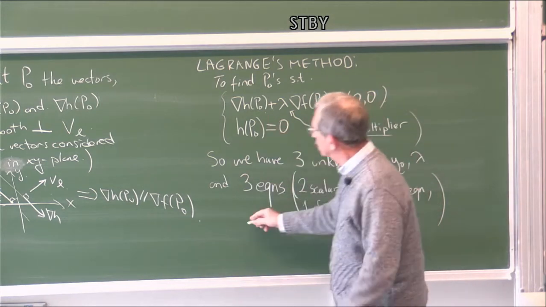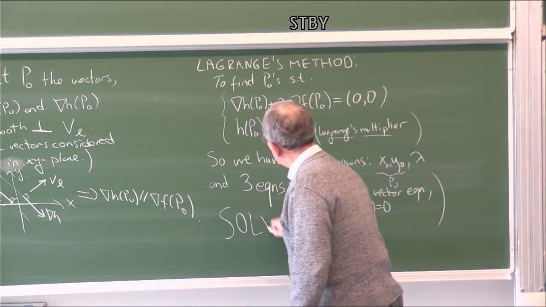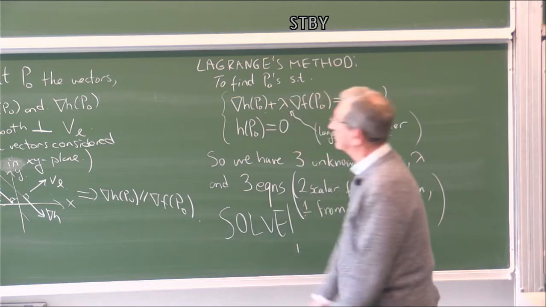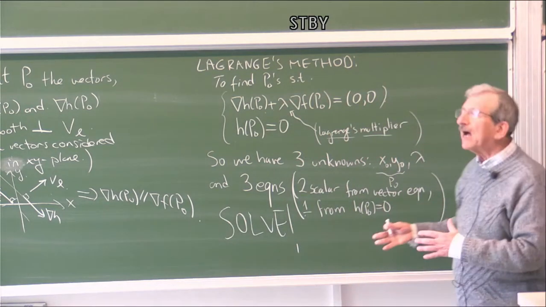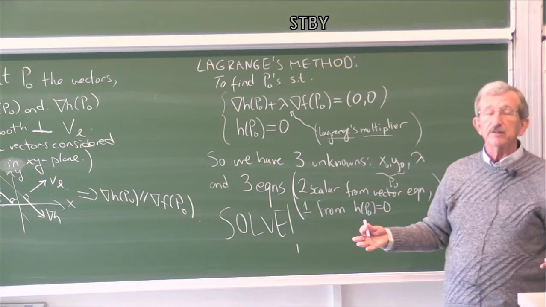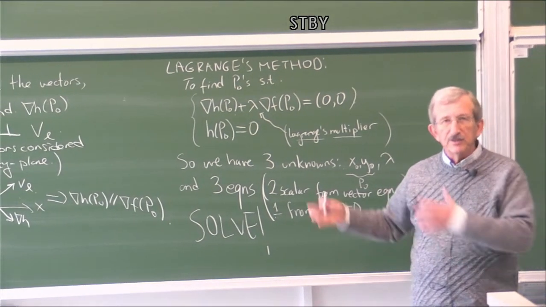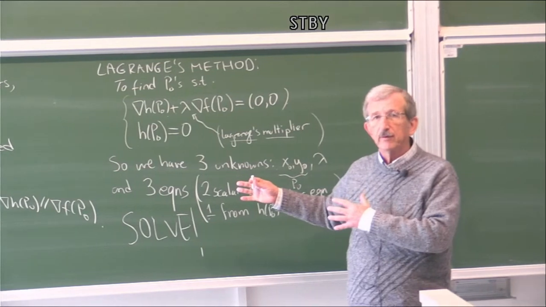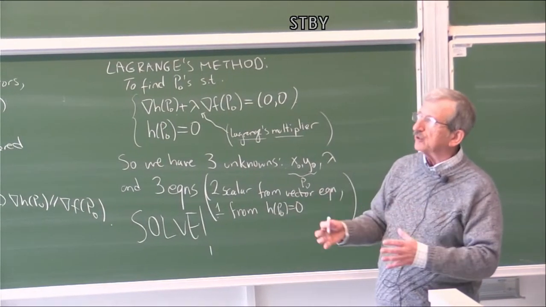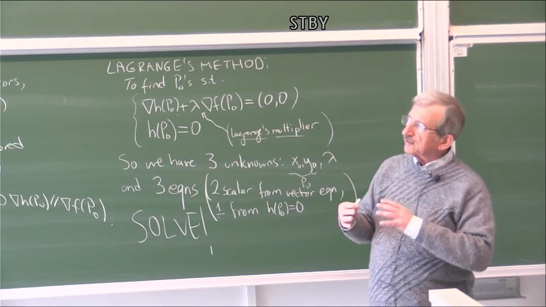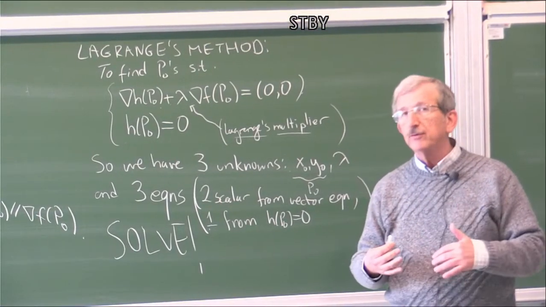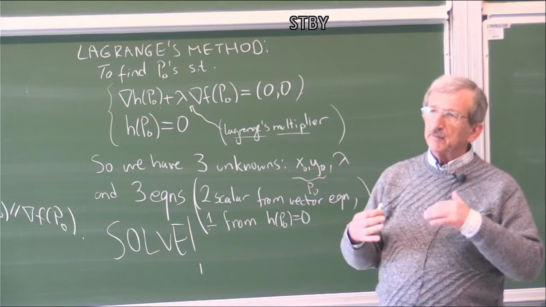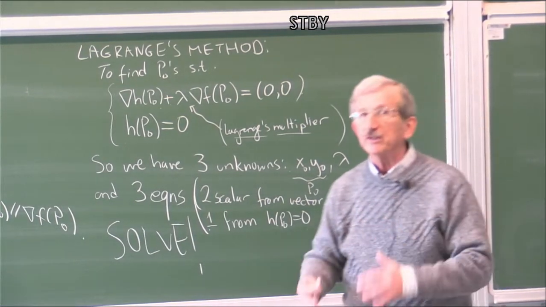So the system says solve. Of course, in this solution, we are not interested in lambda. We don't care what lambda is, but it is there. Sometimes in the solutions, as we will see, it is not a bad idea to solve for lambda first, depending on the simplicity it brings to us.